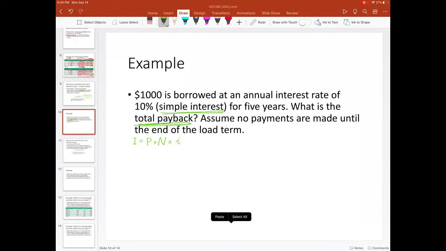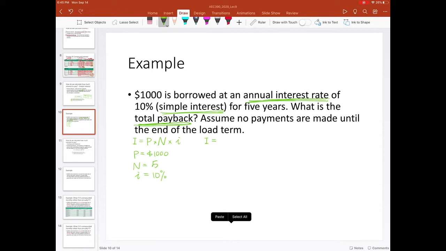And based on this given condition, we know P is 1,000. That's the initial amount you borrowed. And N, because it's 5 years and it's an annual interest rate, which means it's calculated every year, the N is 5, right? And the interest rate is 10%. That's all you know.